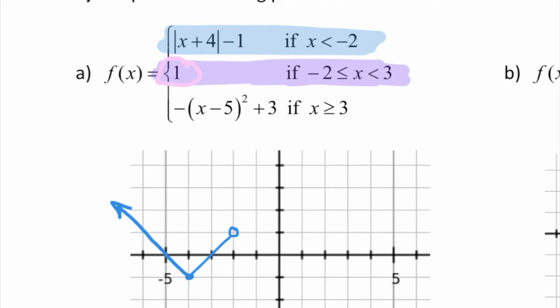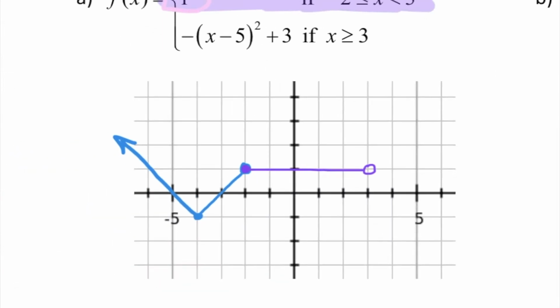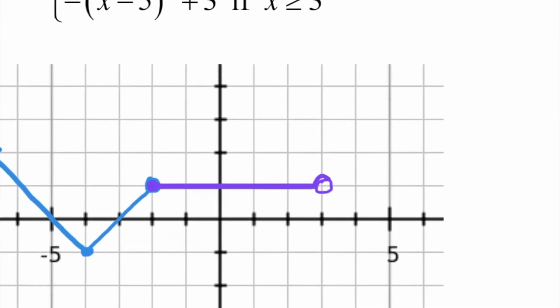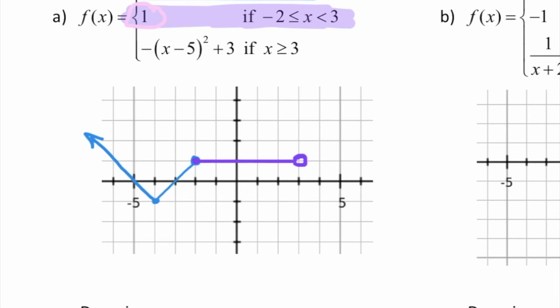So y equals 1 from -2 to +3, and at +3, we want an open circle here. I'm going to make that just a little bit heavier. And so there's an open circle there.